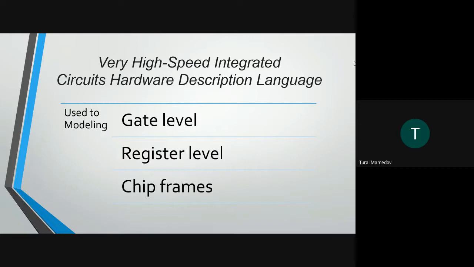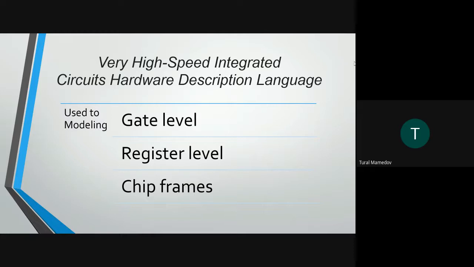The next thing that I want to talk about is VHDL, the very high-speed integrated circuits hardware description language. It's a formal notation aimed at the description and logic organization of digital systems.